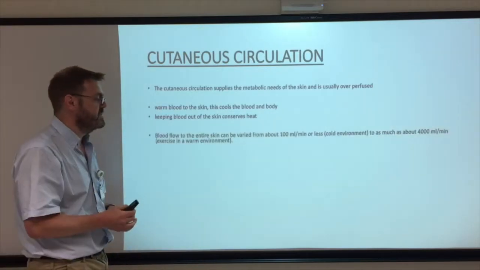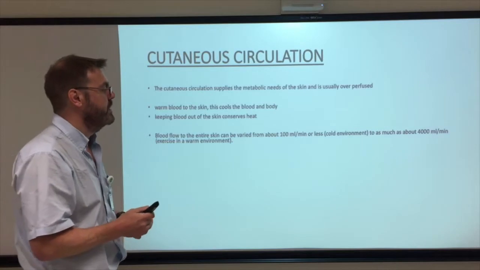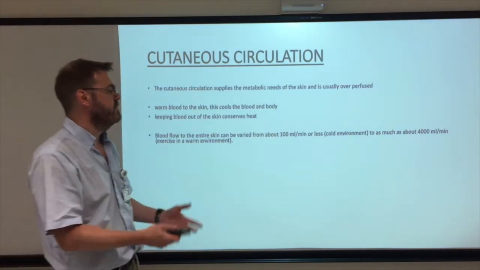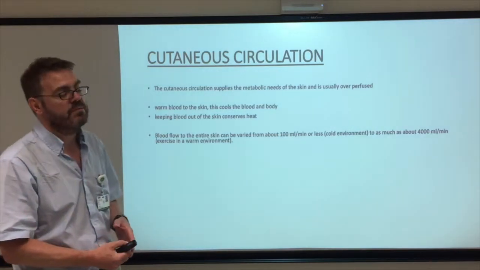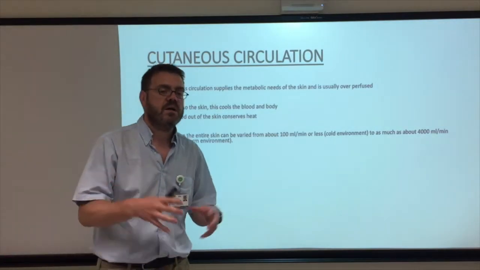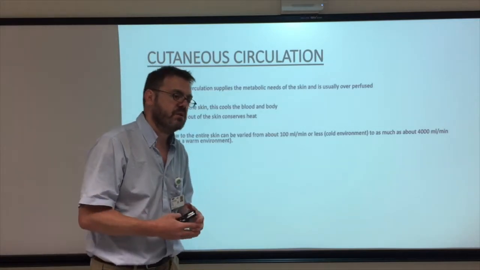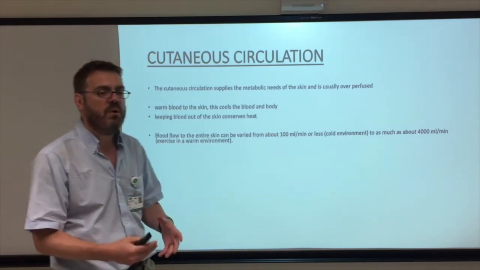Blood flow to the entire skin can be varied from about 100 mils per minute or less to as much as 4,000 mils per minute in a warm environment. So you have a great scale of change so that you can really respond to the environment.